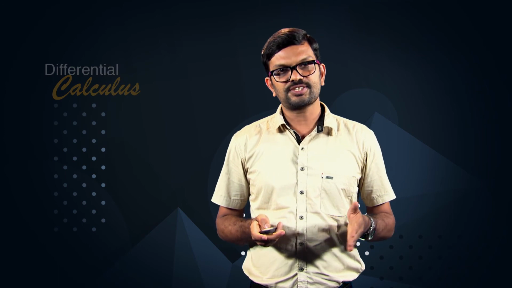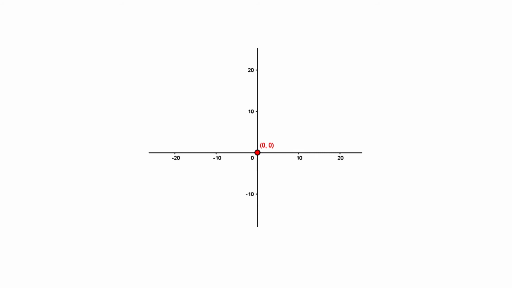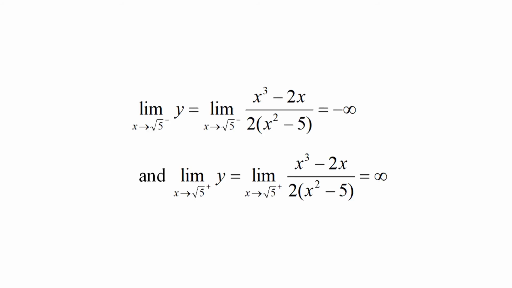Thus, we first trace the curve for x greater than or equal to 0 and finally extend it to x less than 0 by taking reflection about the origin. When x is equal to 0, we have y is equal to 0, hence the curve passes through the origin 0, 0.